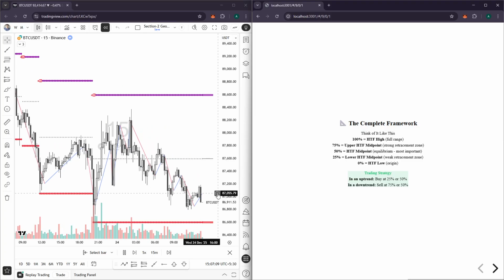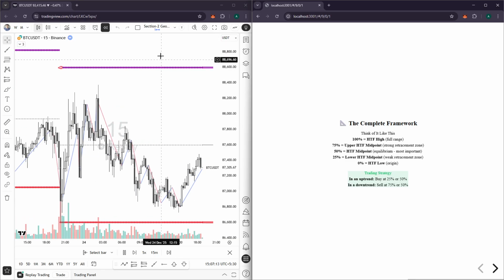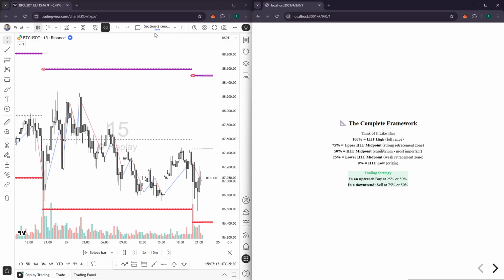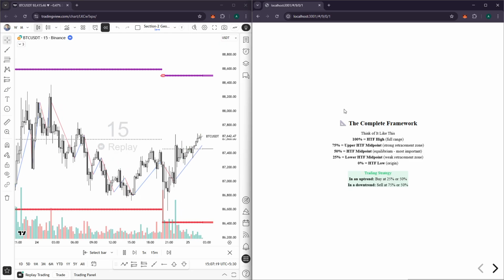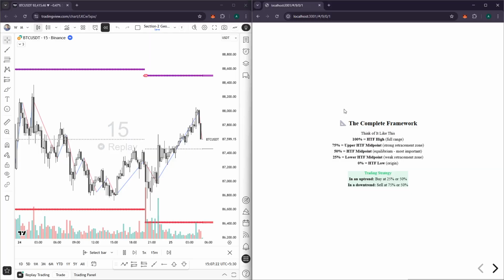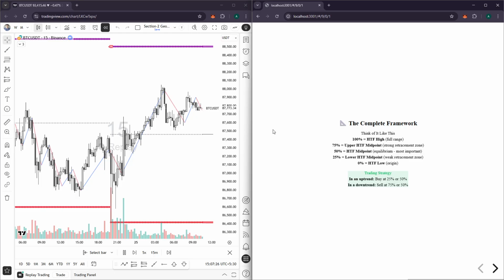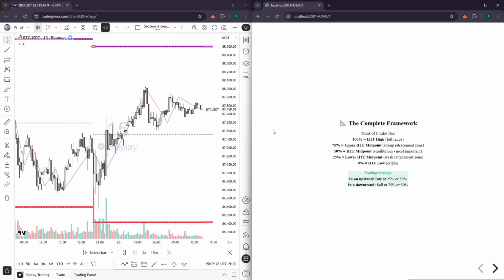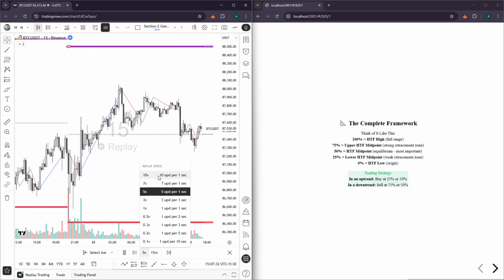So all we have to do, guys, is be patient and let the market reach our level. Okay. So it goes about 25. I'll just speed things up a little bit.